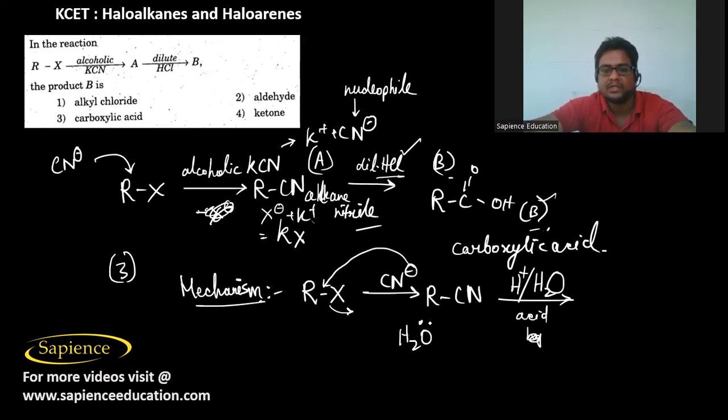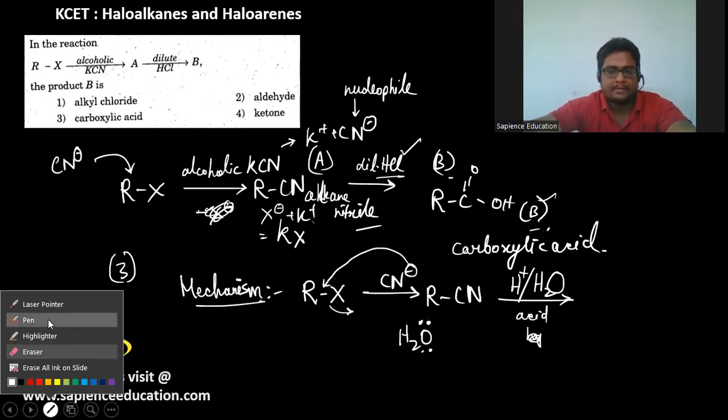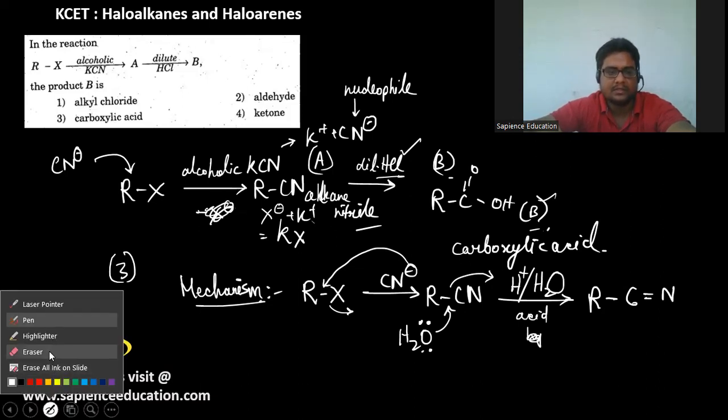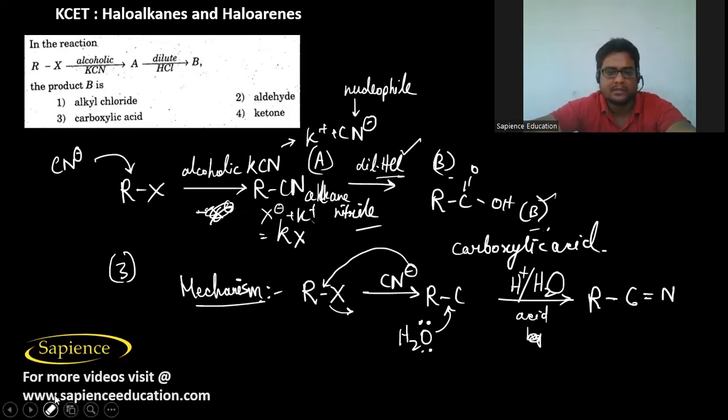This H2O has a lone pair on the oxygen atom, so it can act as a nucleophile, and it will attack here. Actually, what is happening here is that we have the cyanide group, CN.